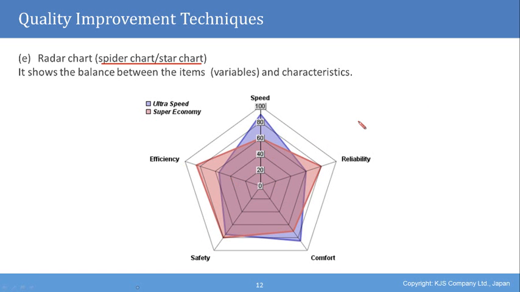If you just had tables of numbers, for example, it would be extremely difficult to compare them at a glance, but just by looking at a graph like this, within a minute, we've now extracted the key aspects of the two models. So the radar chart is an extremely valuable and powerful tool to be used in project management.